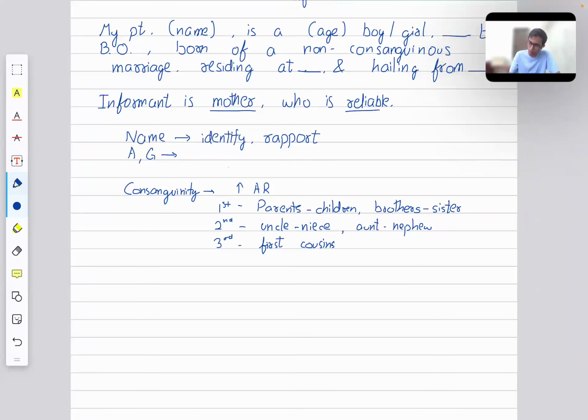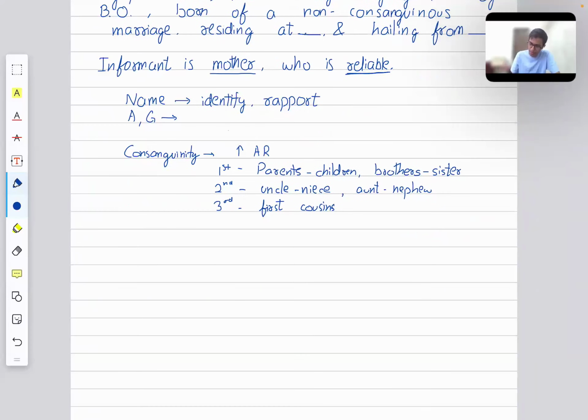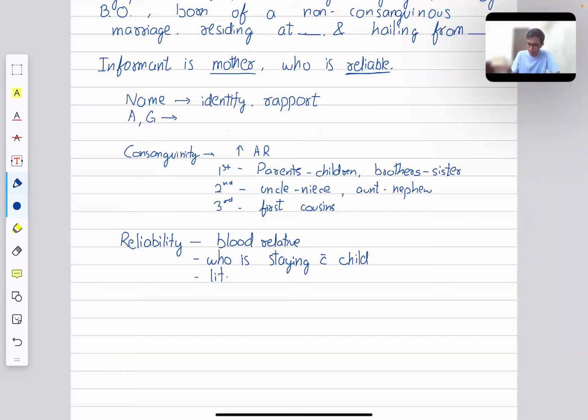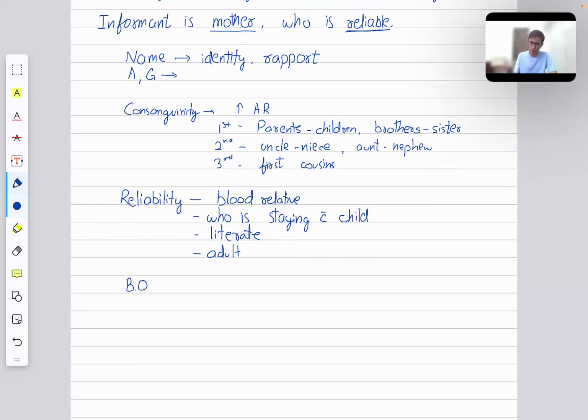Secondly, what is the criteria to tell that the informant is reliable? A reliable informant could be one who is a blood relative, one who is staying with the child, a literate, or an adult. Next, what is the significance of mentioning the birth order?